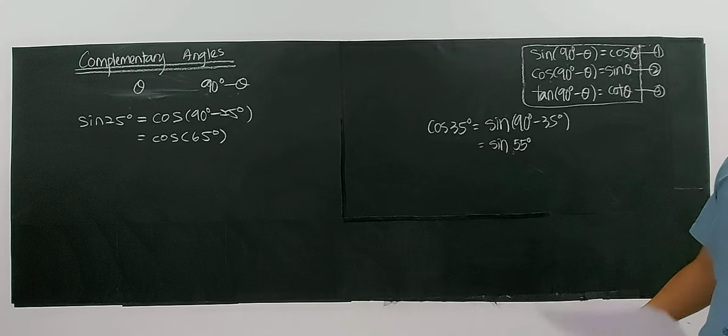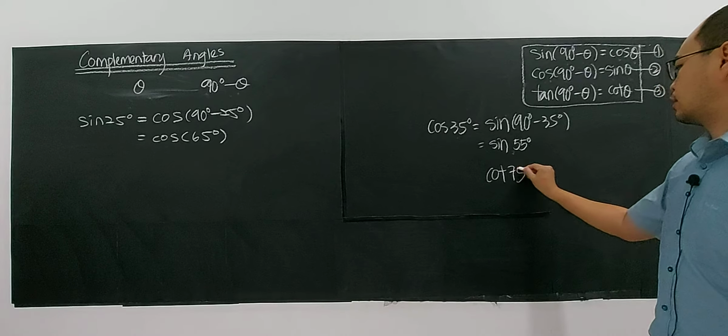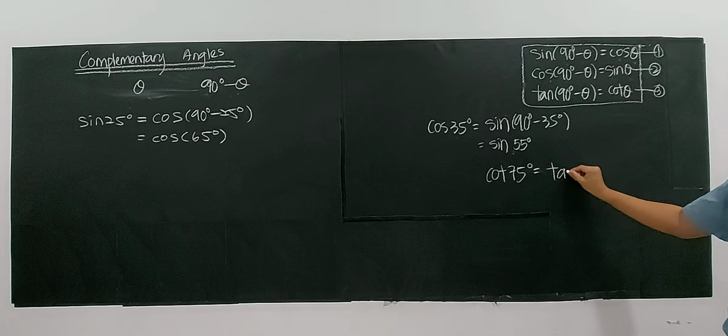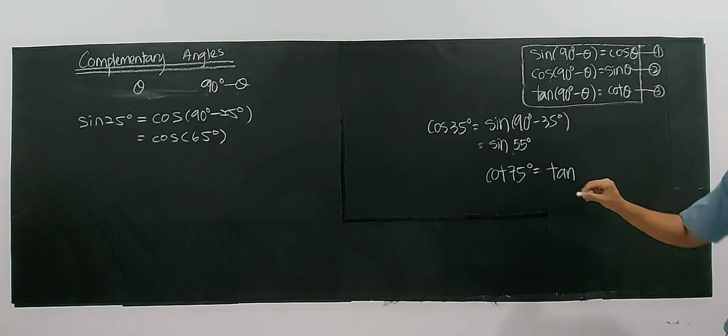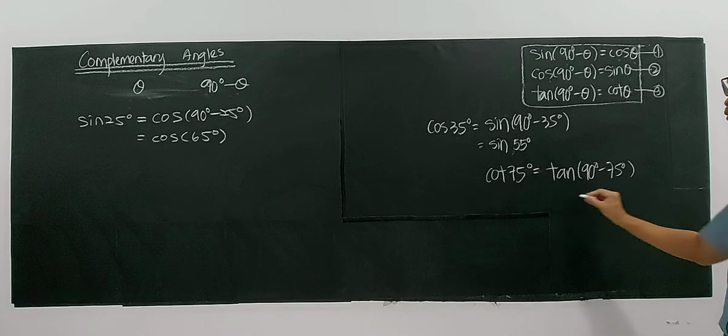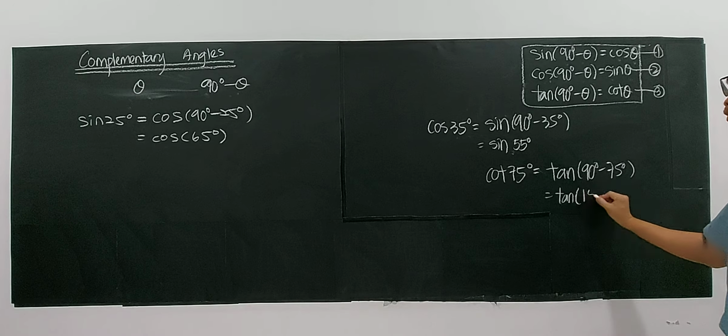Same thing here. Let's say you have cotangent 75. Cotangent 75 is the same as tangent of 90 minus 75, which gives you tangent 15.